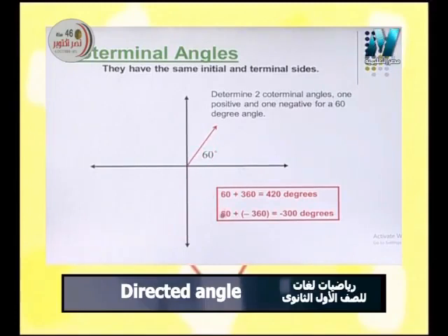This 60, we add it to negative 360. Negative means we turn in the opposite direction, clockwise, so it is negative. 60 plus negative 360 equals negative 300 degrees.